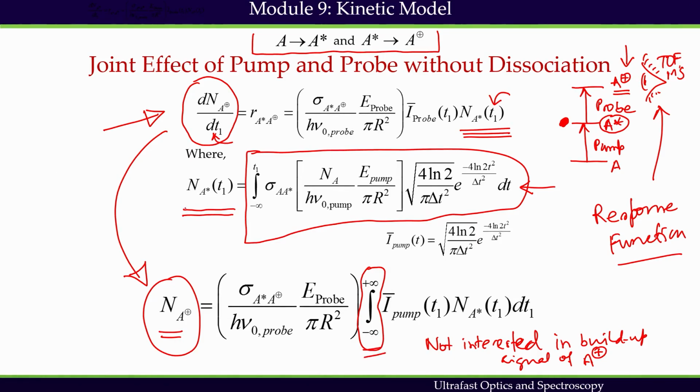But here we are interested in the build up signal at a particular time, how much population I have, because that population will contribute to this population, and that is why the integration here is taken from minus infinity to T1, that particular time.